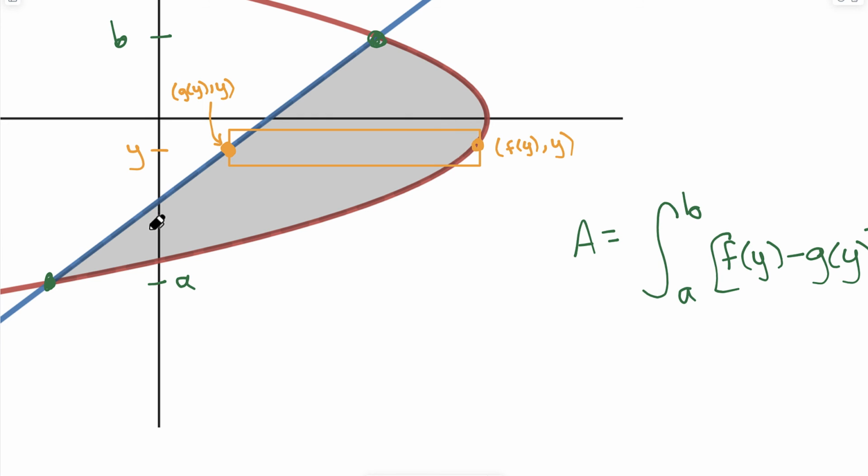Now, if I were to find the dimensions of this rectangle, let me think of this as the width of the rectangle. How could I calculate the width of that rectangle? I would just find the difference in the x values. I would do the bigger x value minus the smaller x value. So I would do f at y minus g at y. And then the height of the rectangle, we could just call delta y.